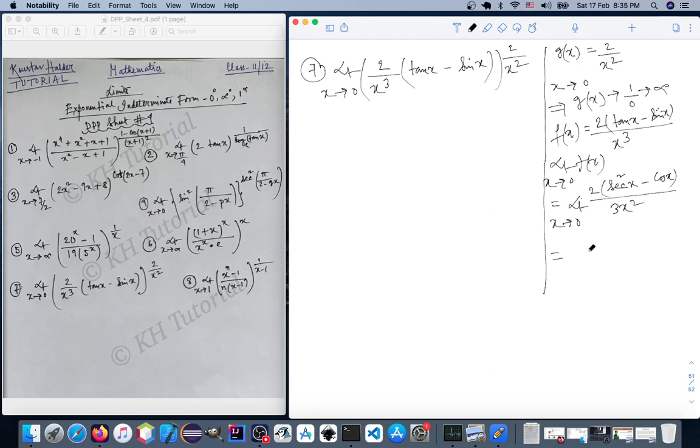Again this is of the form 0 by 0, and we apply L'Hopital's rule again, and we get 2 times (2 sec square x tan x plus sin x) divided by 6x.